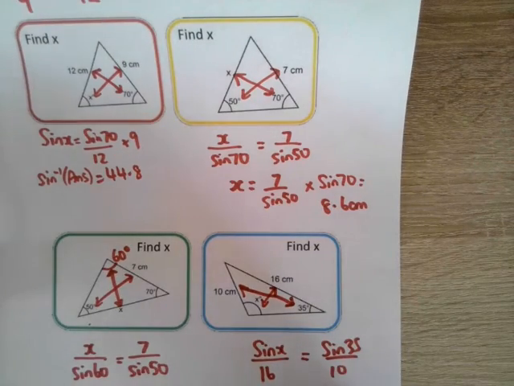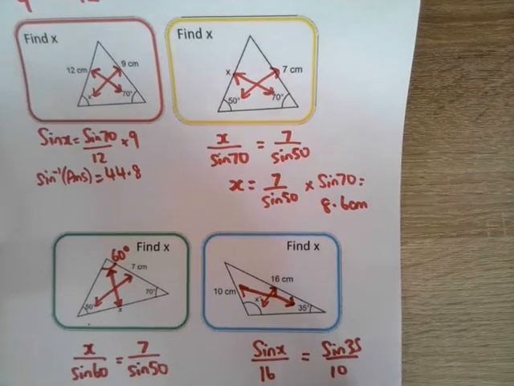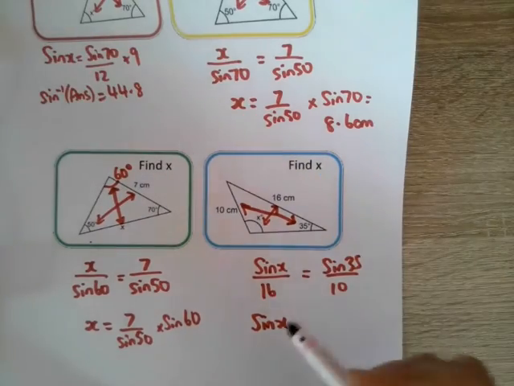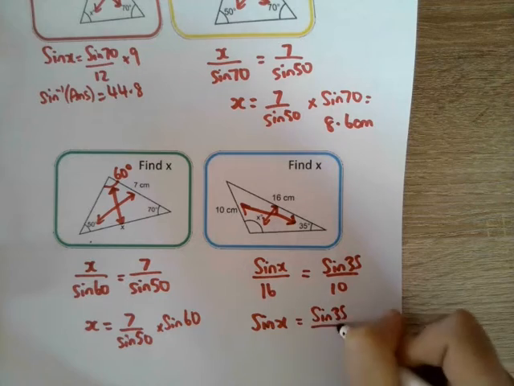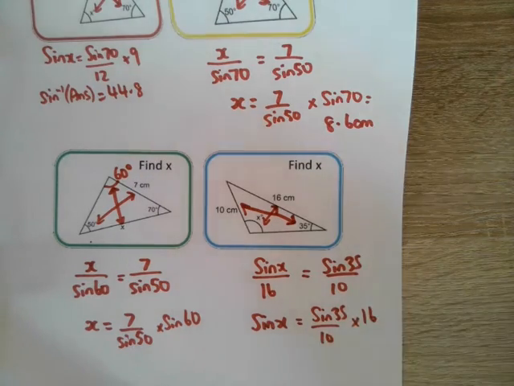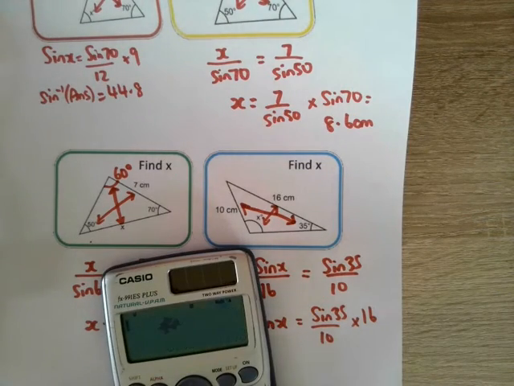So with this one we would times by 16, so sine x would be sine 35 over 10 times 16. This one I am going to work out just to quickly show you. So sine 35 over 10 times by 16.